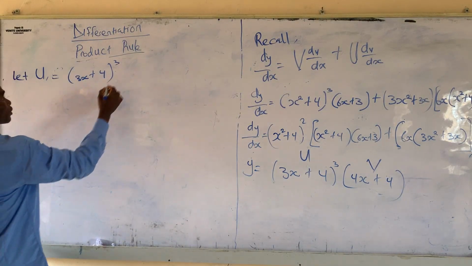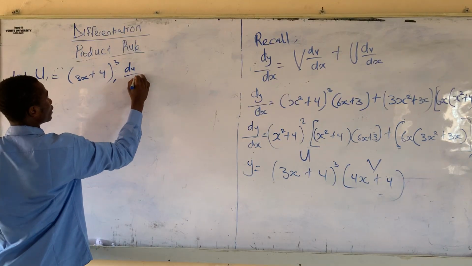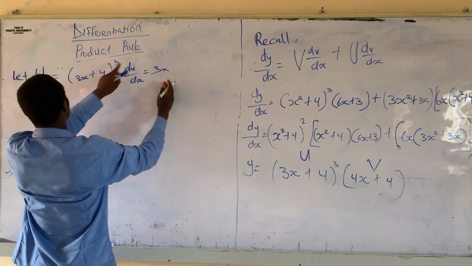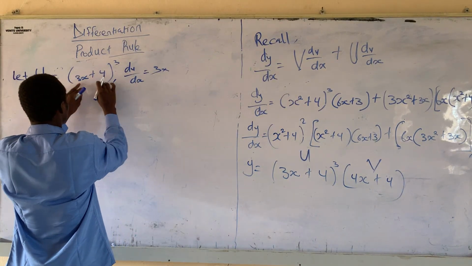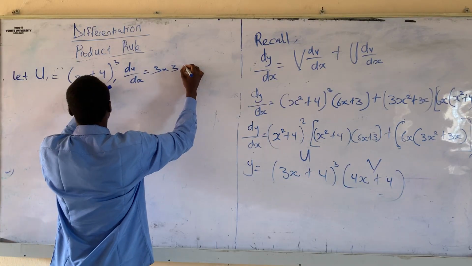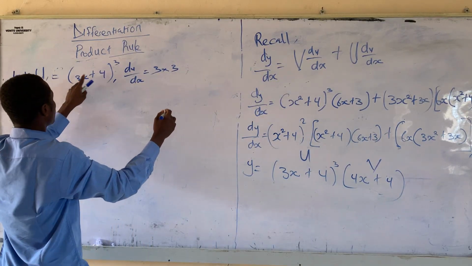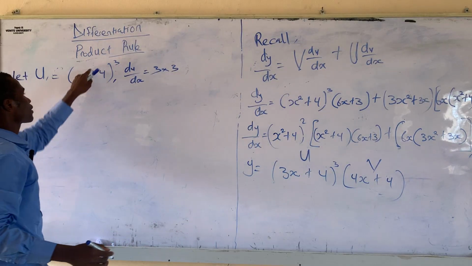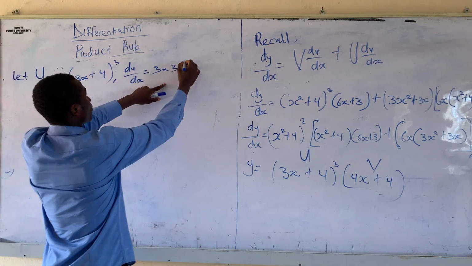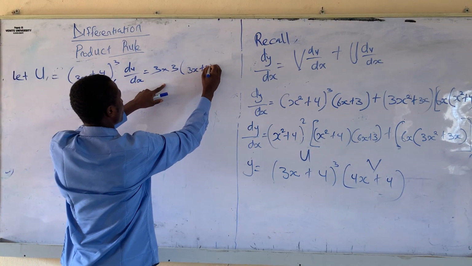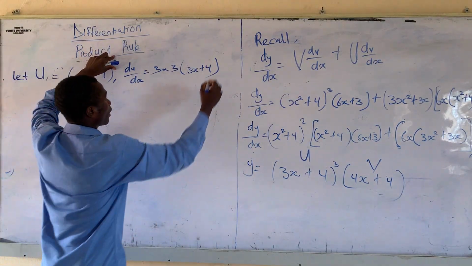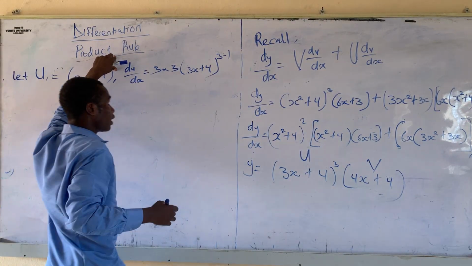Then du over dx is, break down the power, which is 3, multiply by the derivative of the expression inside this bracket, which is 3 times 1 to the power 1 minus 1, which is 0, x to the power 0 is 1, and 3 times 1 is 3. So now we write the bracket unchanged, 3x plus 4, then reduce the power by 1.